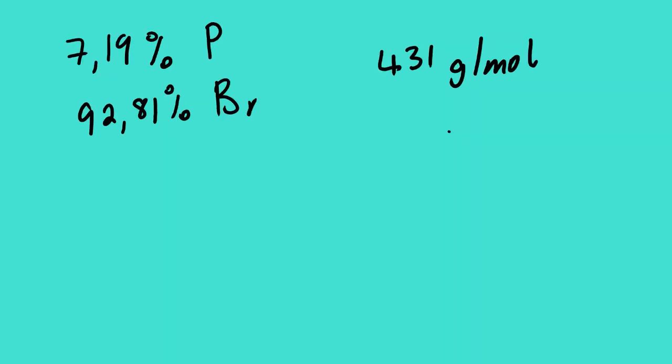We look at the last one. This one we are given the mass percentages, and we are given the molar mass of the molecule. So we need to calculate the empirical formula first.